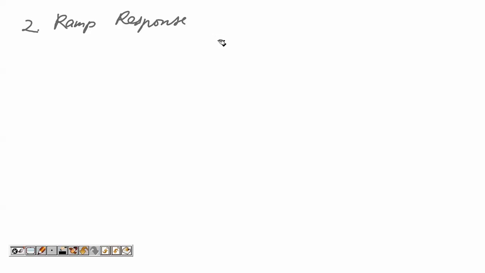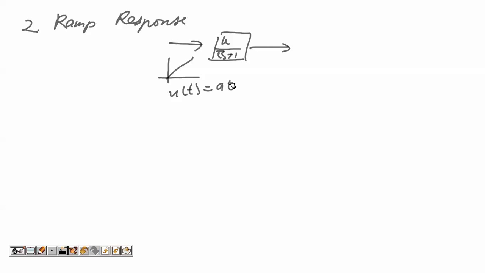Like in the first case, if we have a first order system like this with the input being a ramp, u(t) is a t, or U(s) is a over s squared.